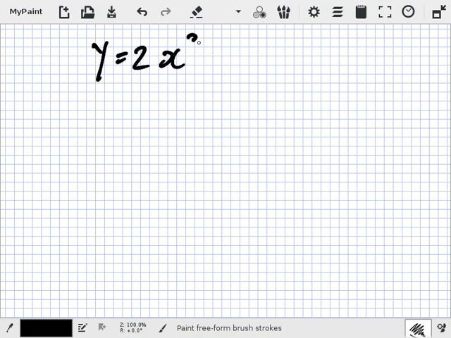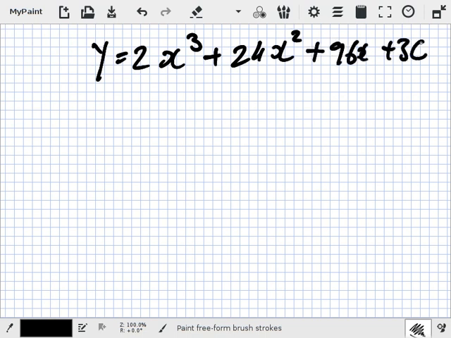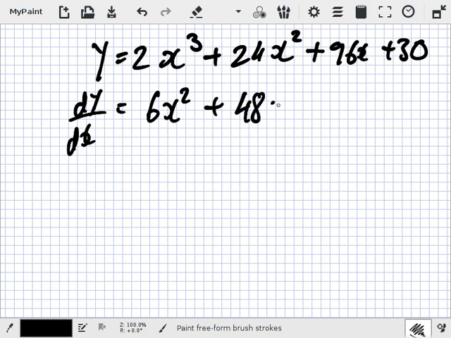y equals 2x cubed plus 24x squared plus 96x plus 30. Okay, so the derivative is going to be 6x squared plus 48x plus 96 equals 0.